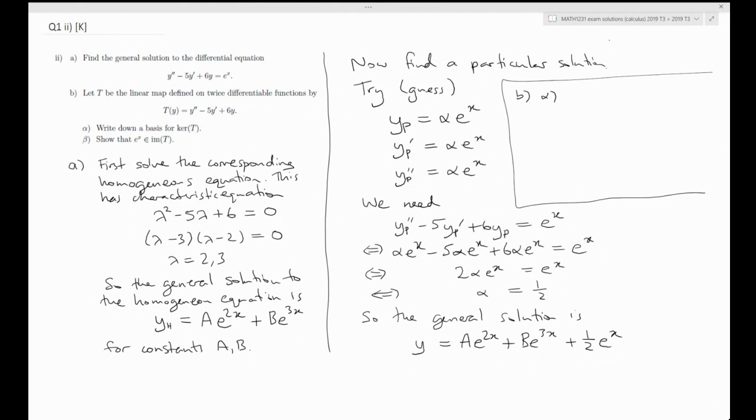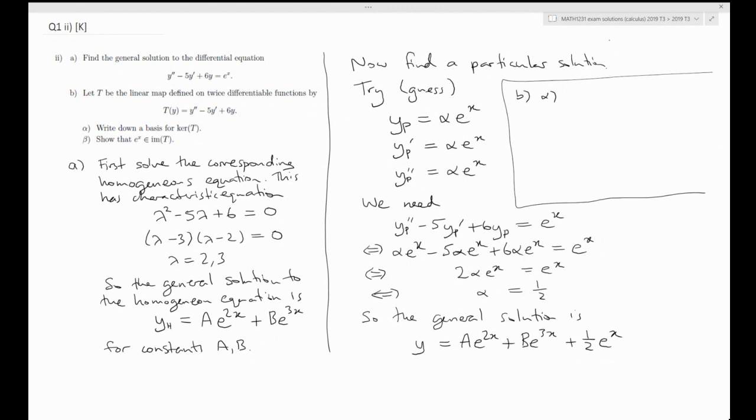Now, T of y is the left-hand side of the equation. And what do we mean by the kernel of T? The kernel of T is all the y's you can put into T that produce 0. And that's exactly what the solution to the homogeneous equation is doing. It's all the things you can plug into the left-hand side that give you 0.